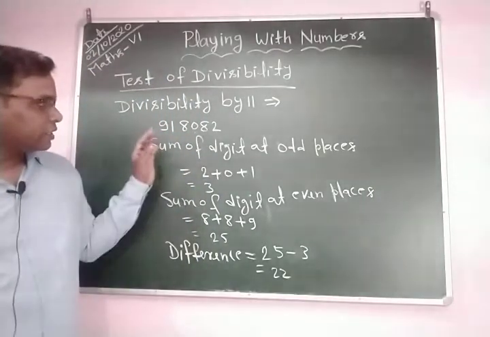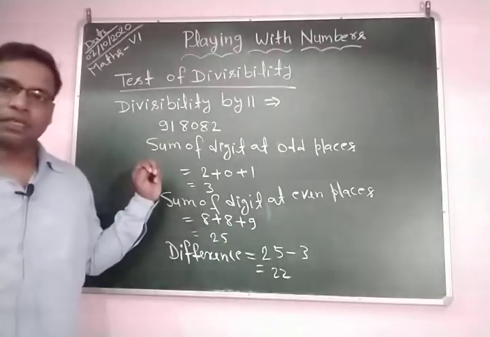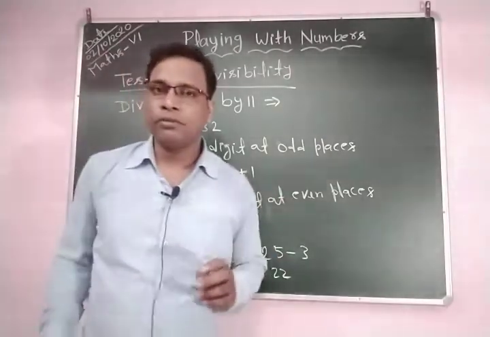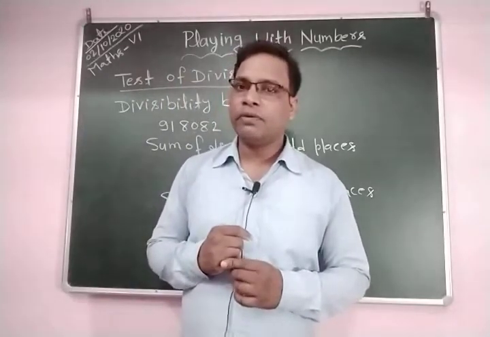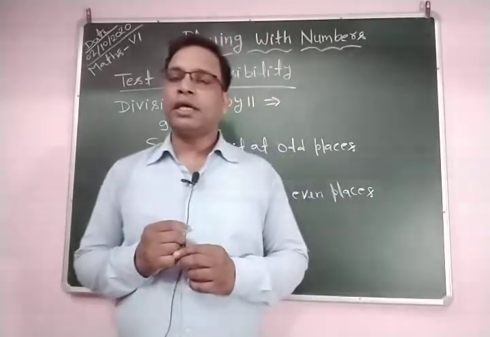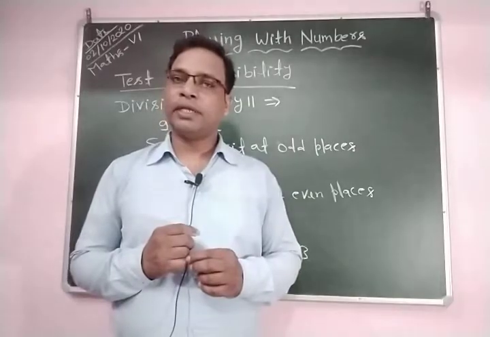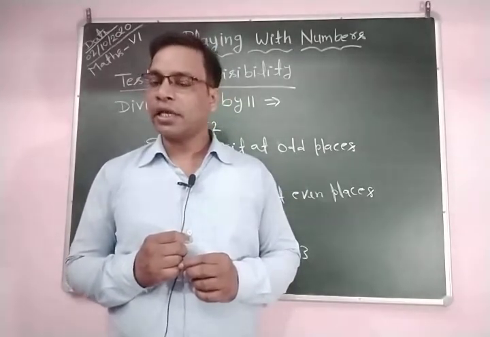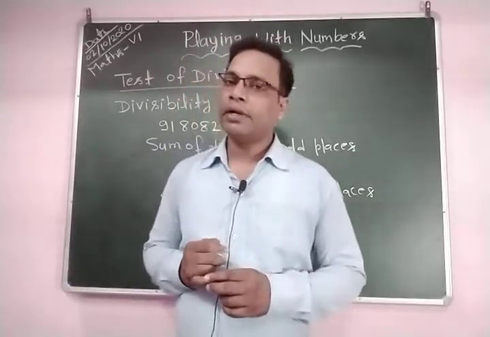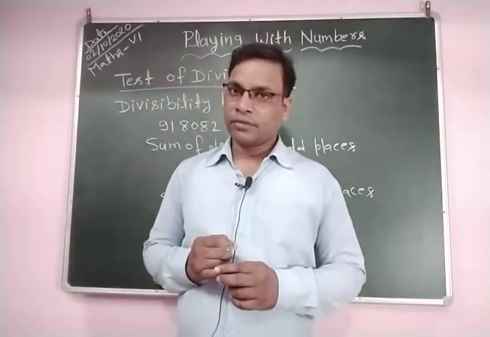According to the divisibility test of 11, a number is divisible by 11 if the difference of the sum of digits at even places and the sum of digits at odd places is either 0 or divisible by 11.